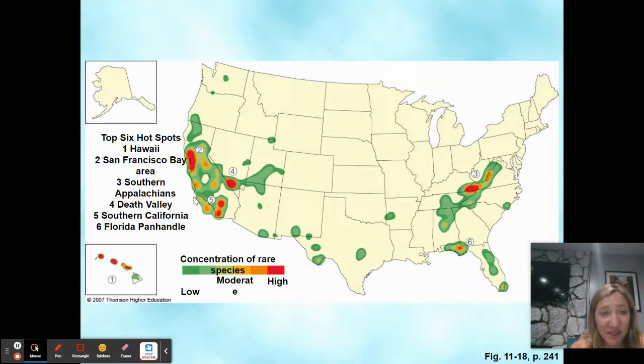What's interesting is that 3 of them, or 2.5 of them, because this kind of overlaps here, are found in California. So Hawaii, the San Francisco Bay Area, the Southern Appalachians is the next one, way on this other side over here. Death Valley, so that's a little bit of California and Arizona, and then Southern California in general, and then the Florida Panhandle. So those are the most biodiverse areas in the United States.